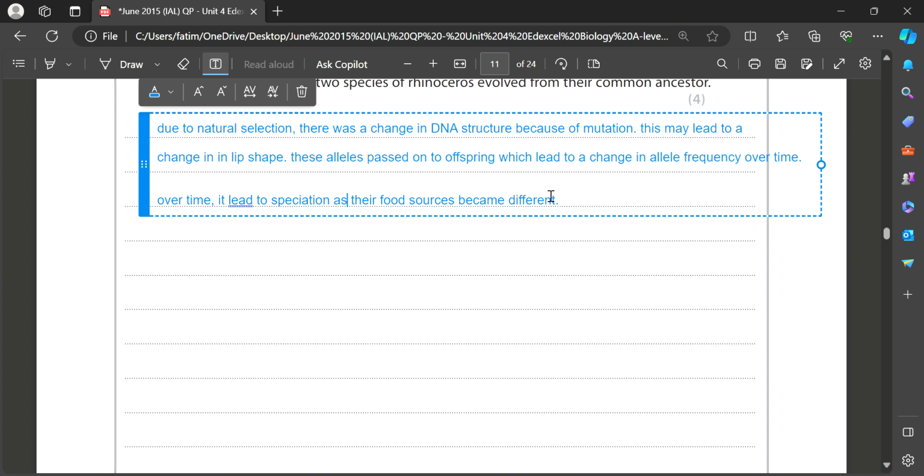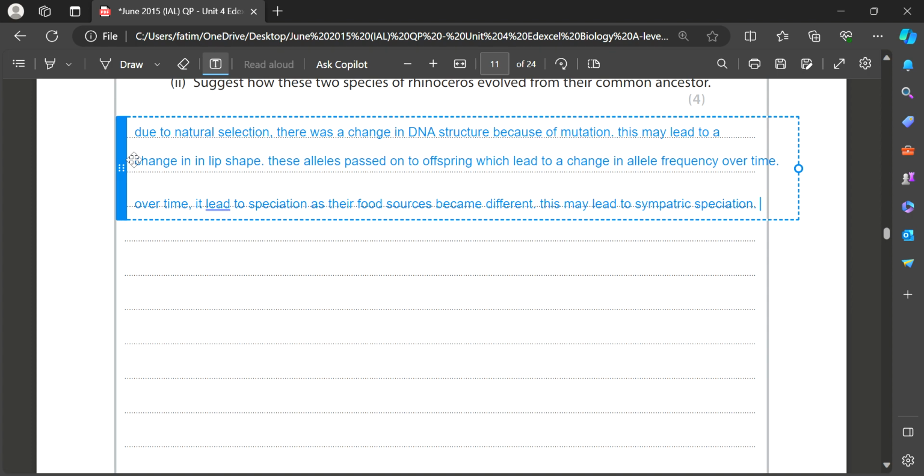It will lead to speciation as their food sources became different, and this may lead to, again, it's not for sure because we've only done two types of speciation, so this may lead to sympatric speciation. The way that you write it has to be very specific. You need to make sure of that. And that's what I wrote here.